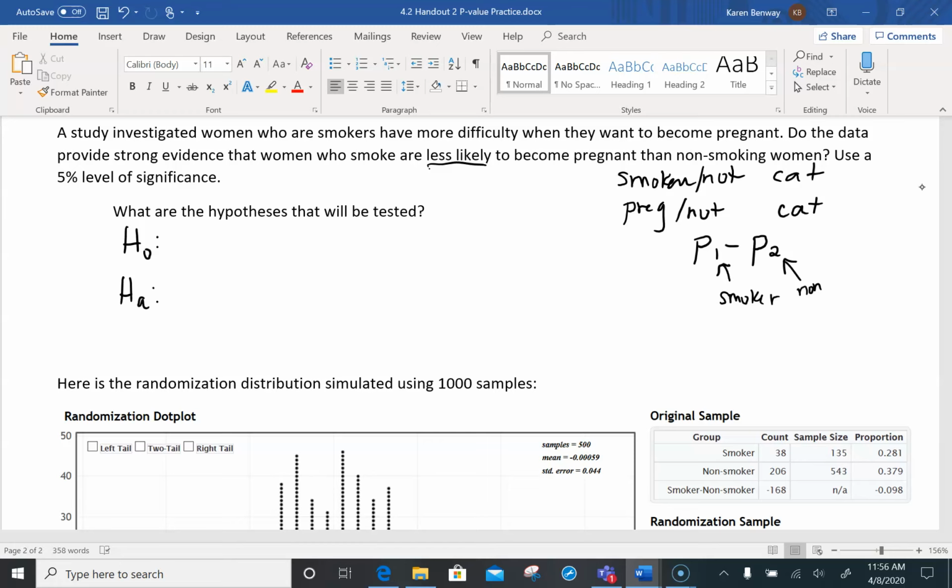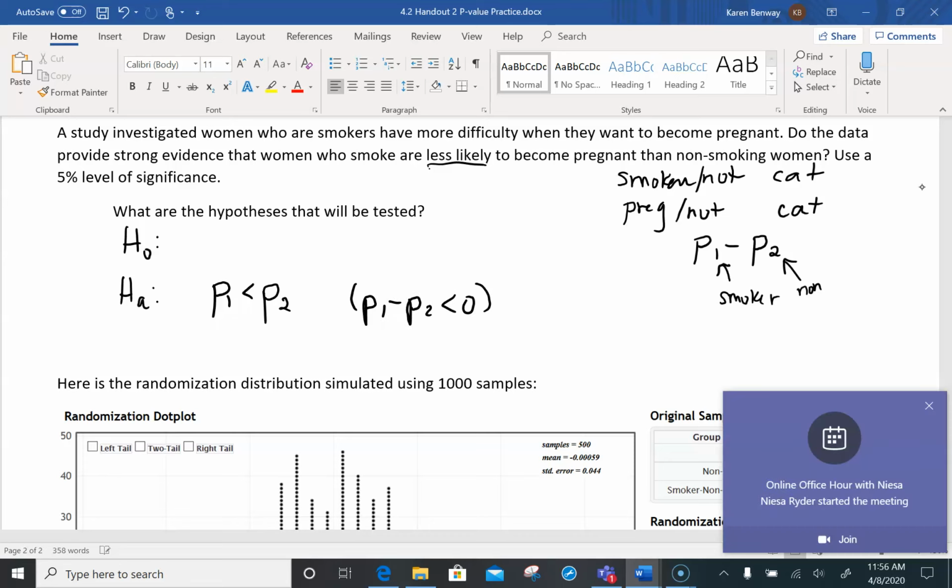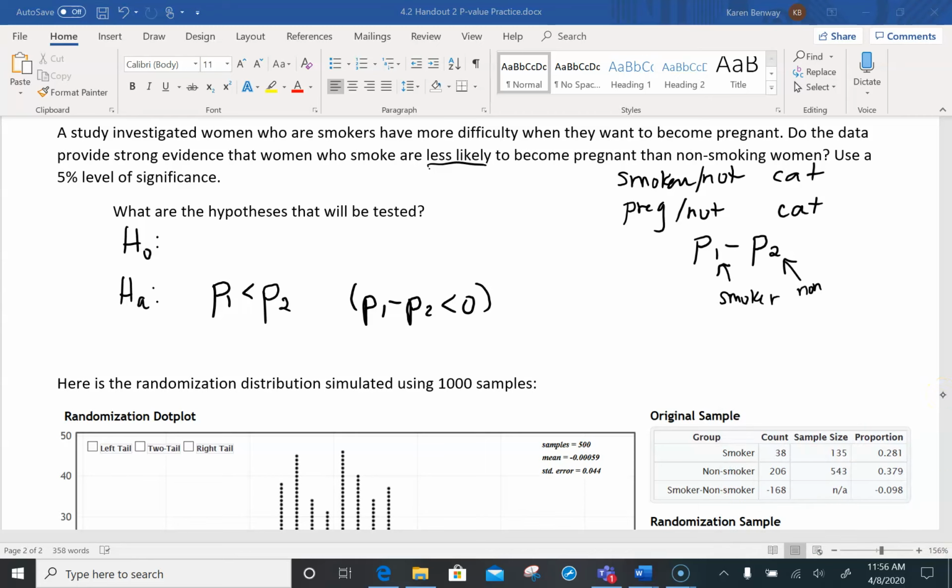Okay, so we're looking to see if women who smoke are less likely, so that would mean that P1 is less than P2, or P1 minus P2 is less than 0, versus a null hypothesis that the two proportions are equal, or that the difference in the two proportions is equal to 0.